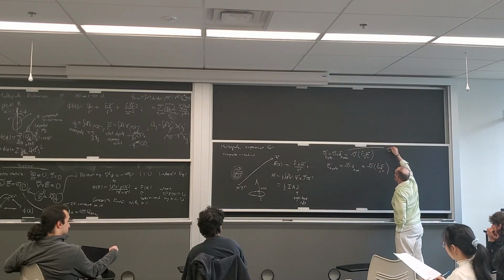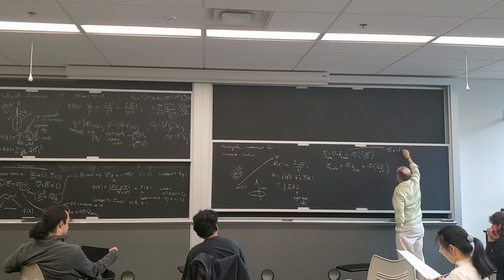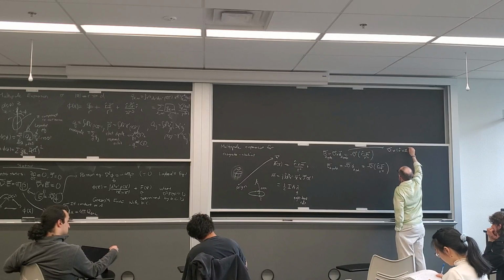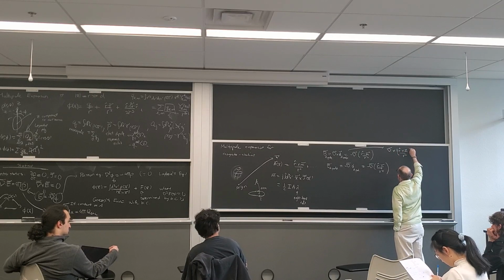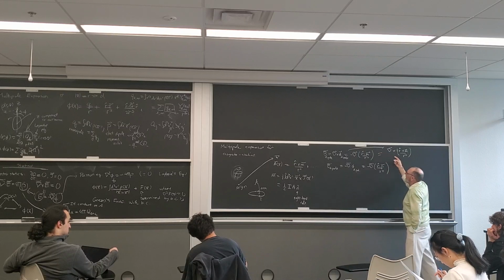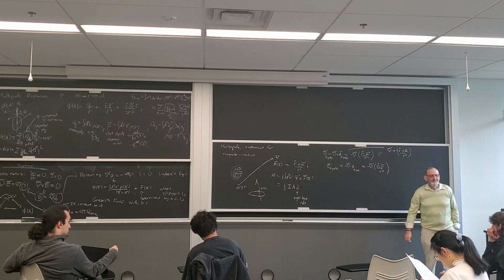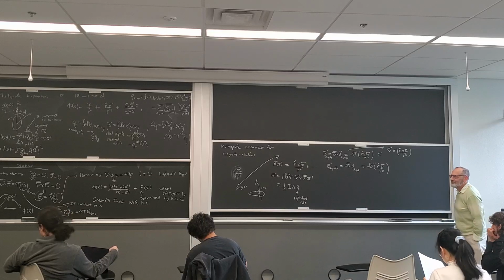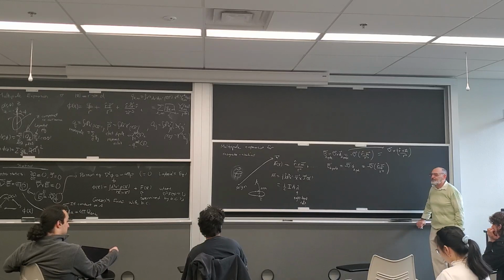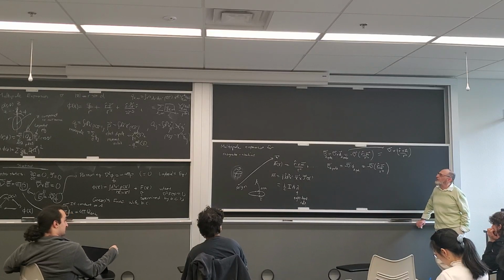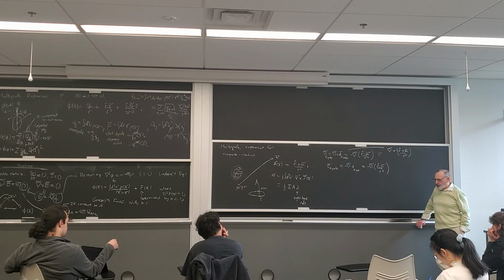This is equal to the curl of that. But that, with a little bit of algebra, equals that. We call that the pseudo potential. Okay, so it falls off like 1 over r cubed.